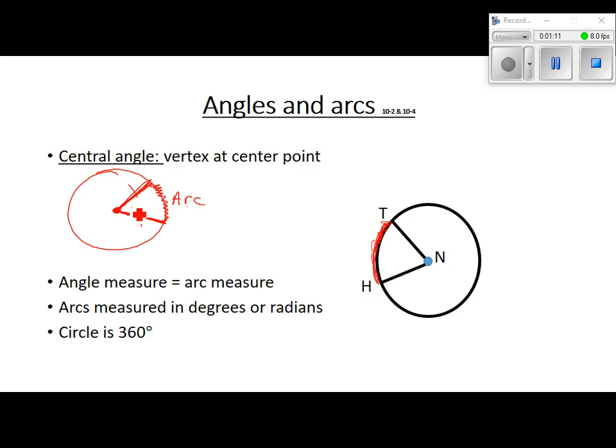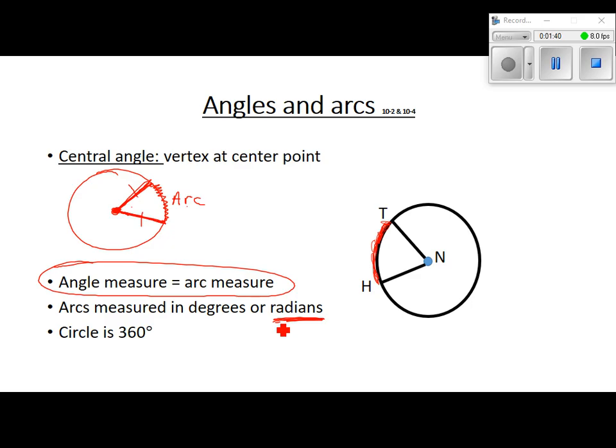For a central angle, if the vertex is at the center, then the angle and the arc are the same. Arcs are measured just like angles are measured, in degrees, or they could be measured in radians, and that's something we haven't talked about, and we're going to talk about it today.